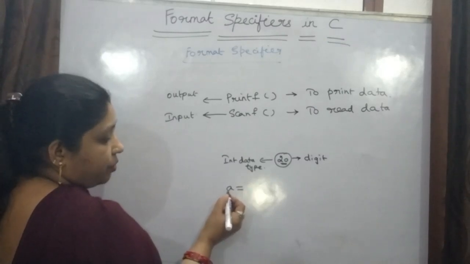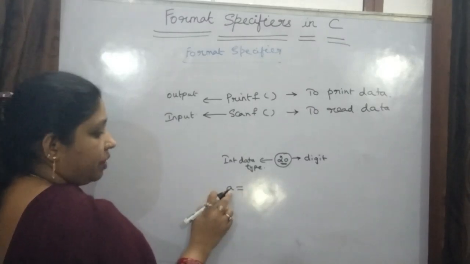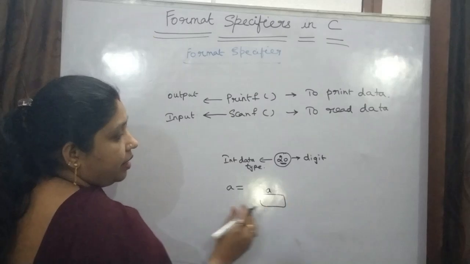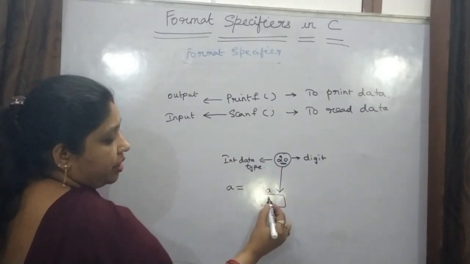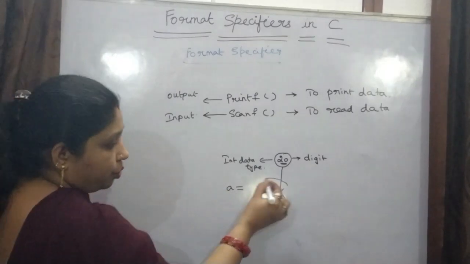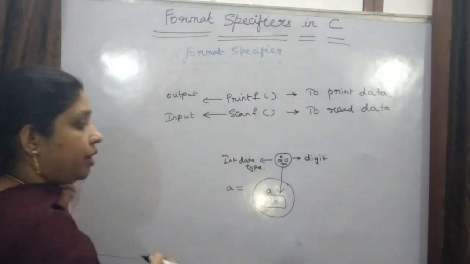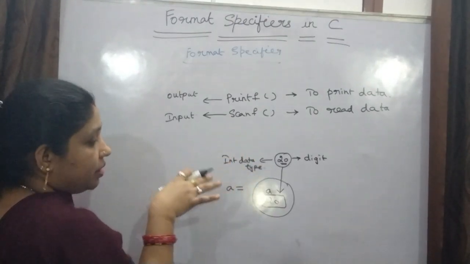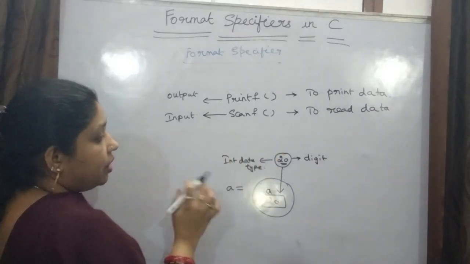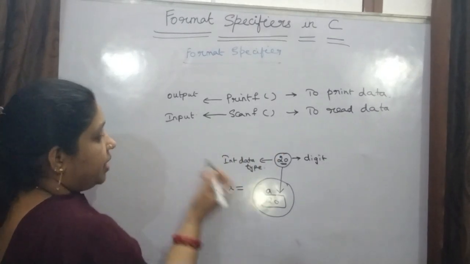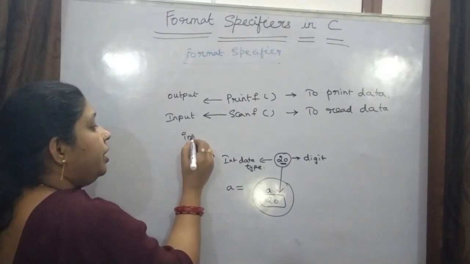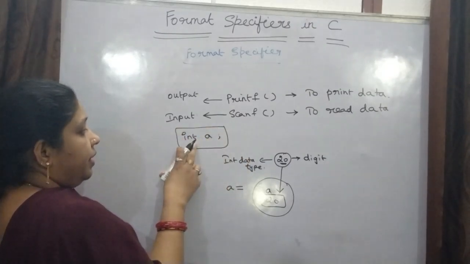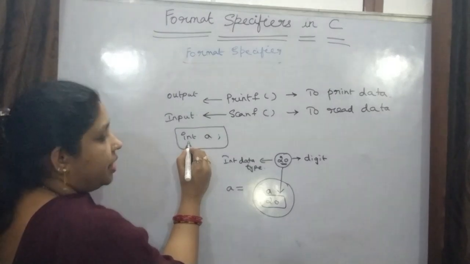So already you have to declare a variable. I am giving the name A, so that this value will be stored in this variable. We have already discussed all these things in variables. Before the compiler comes to the scanf function, A should be declared. How? int A. It should be declared like this.